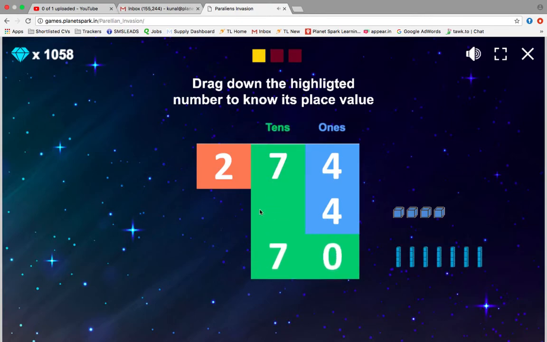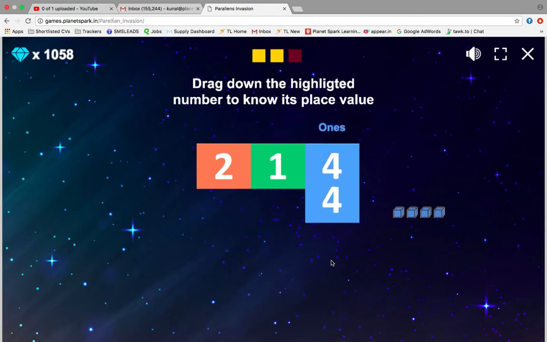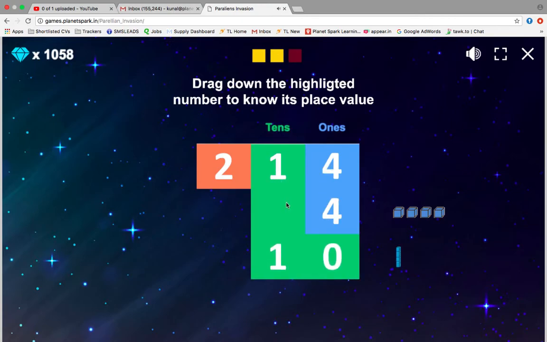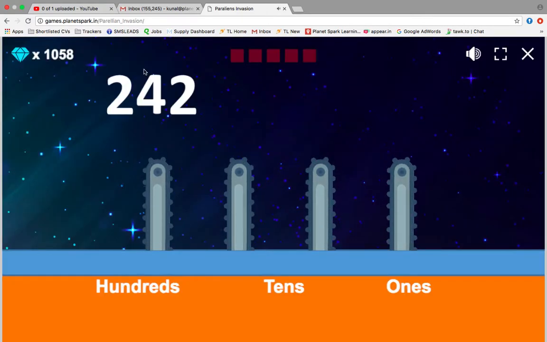She can just drag the numbers and understand. So this is a very small pre-level practice which tells the child, oh, this number is always at the ones place, this number is always at the tens place, this number is always at the hundreds place. So the child is now learning, right? This is called pre-level practice.